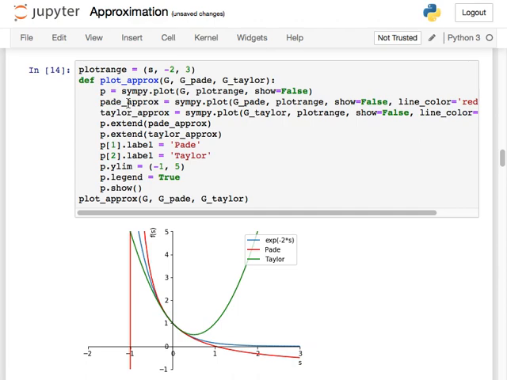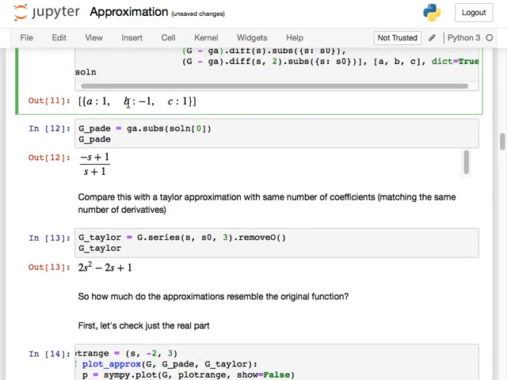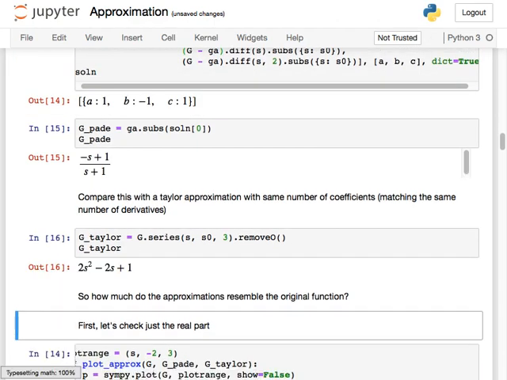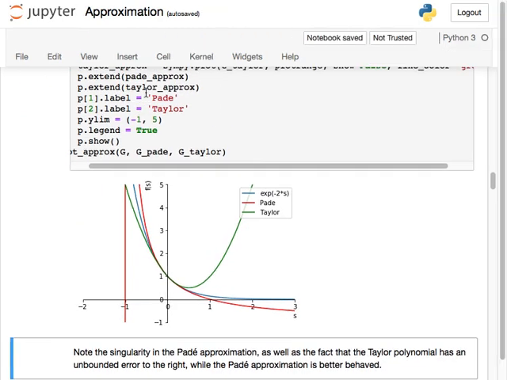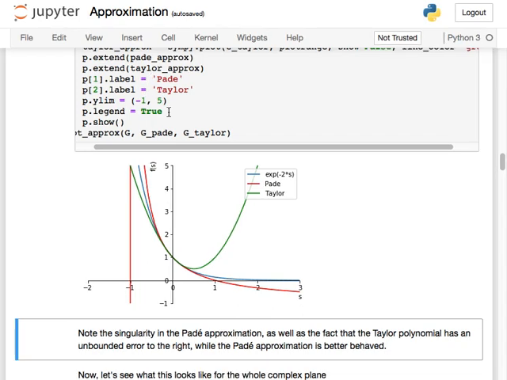So the reason why we're going to all this trouble is because of this thing that I just said: one of the big problems with Taylor series approximations is that they rapidly grow to very large values away from the point of linearization.